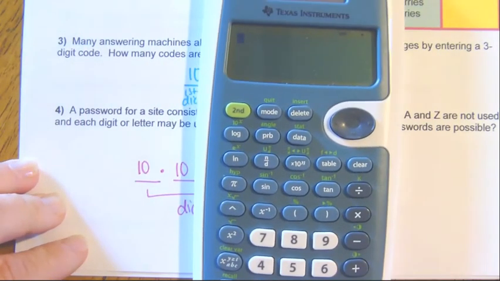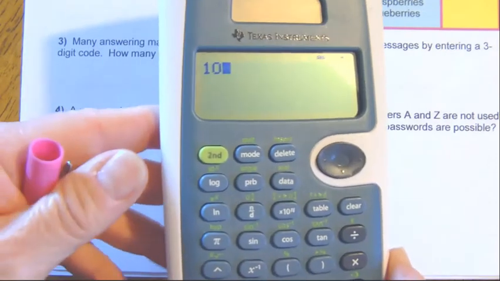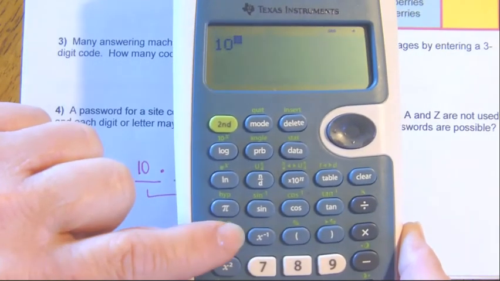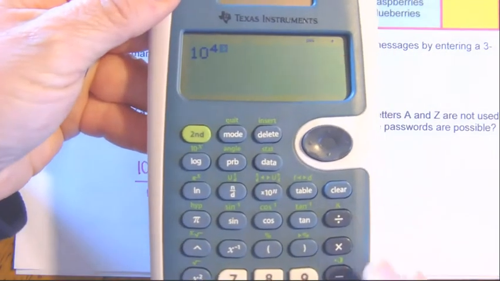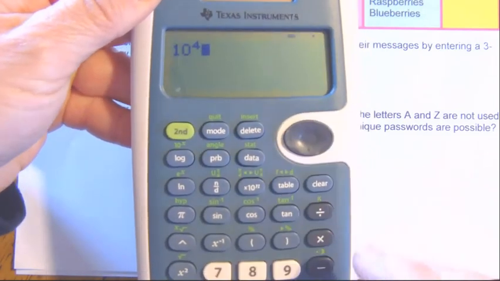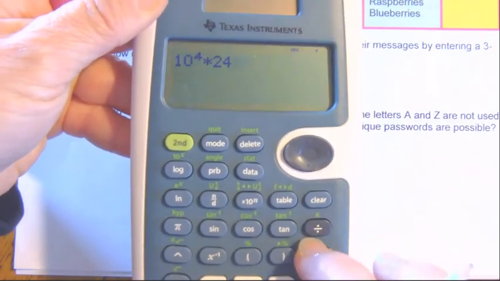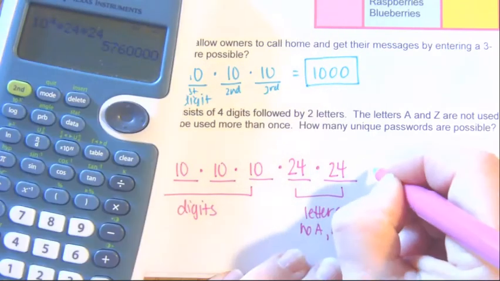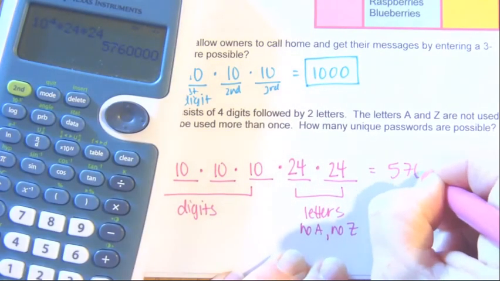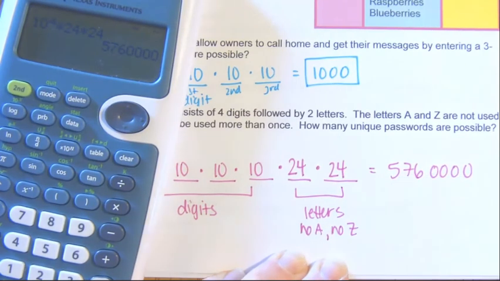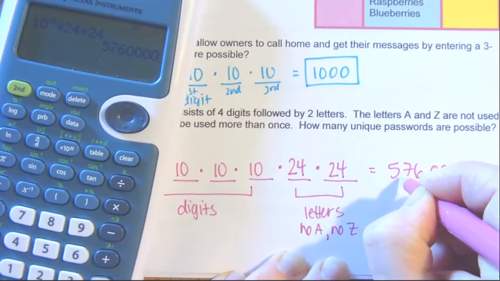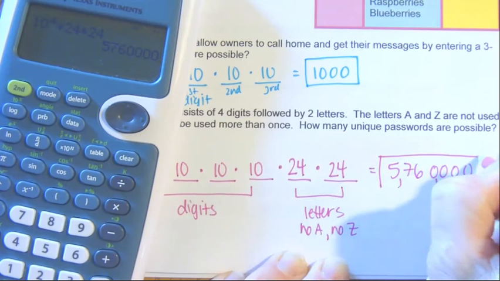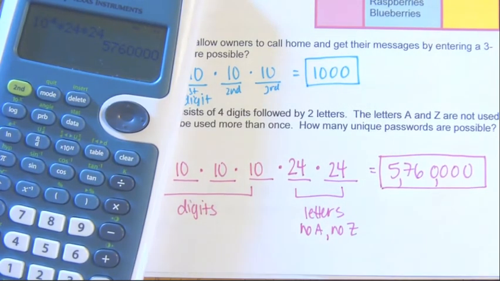A quicker way would be to type 10 raised to the 4th power and then do times 24 times 24, and I get a pretty big number right there. So 5,760,000 different passwords. It's a lot.